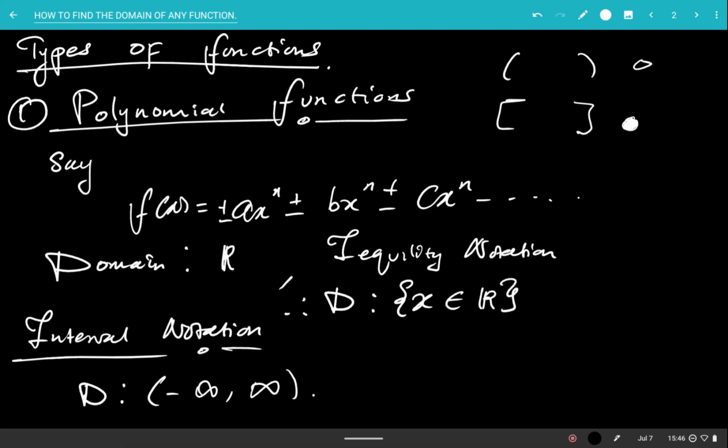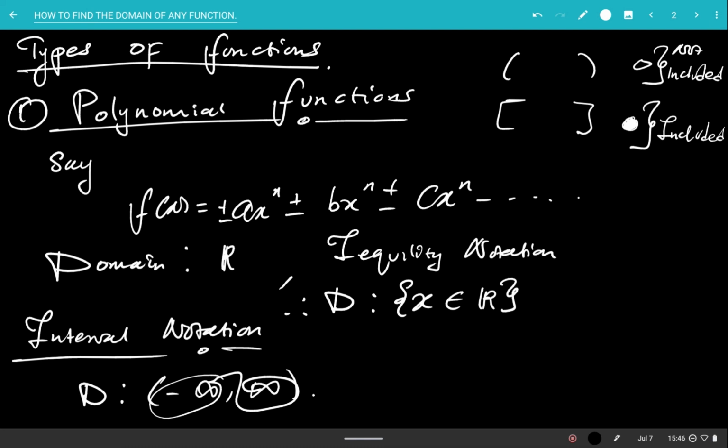This means that whenever you have the parenthesis, that value is not included. But where you have square brackets, that value is simply what? Included.